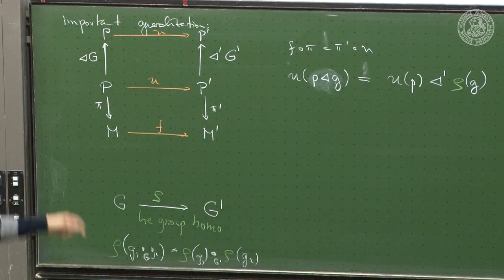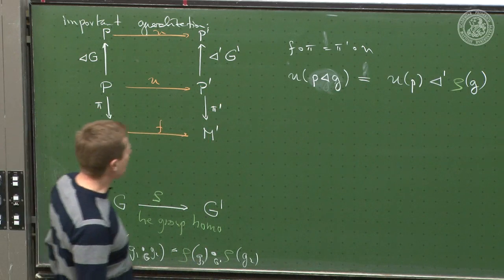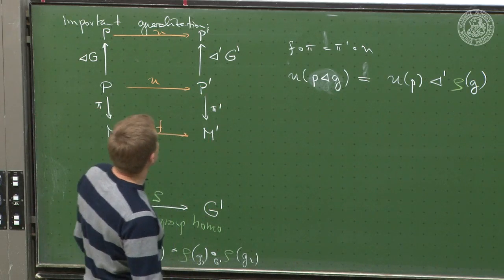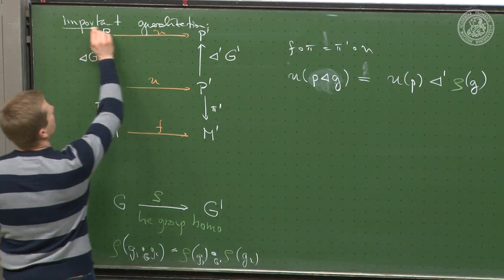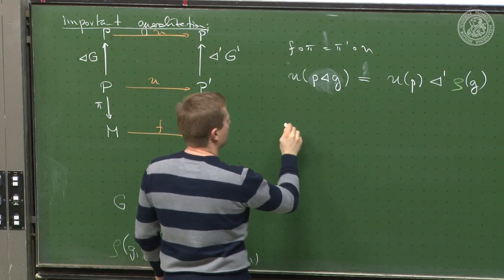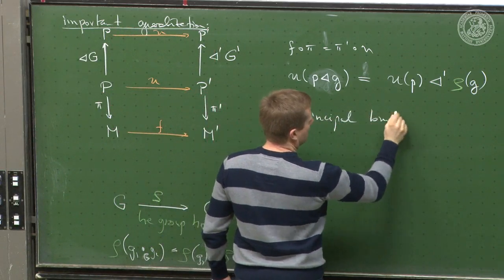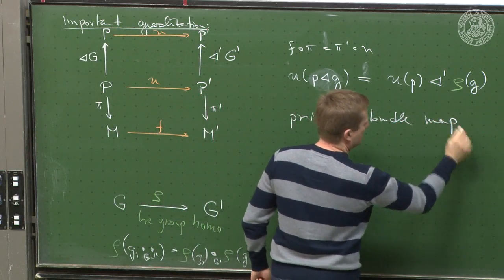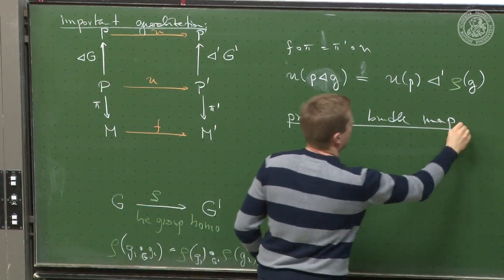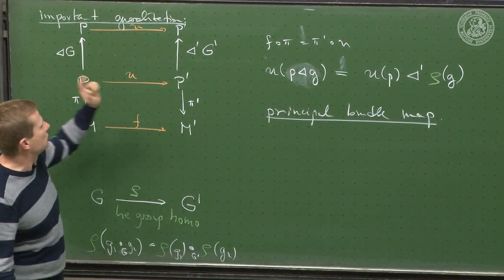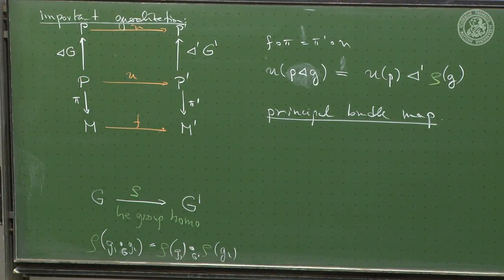It's totally obvious. Once you draw the diagrams, everything becomes child's play. And this is the important generalization. So this is then called a principal bundle map. Like before, but now you take it very seriously that you can have two entirely different principal bundles.